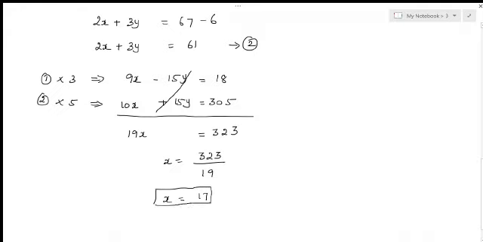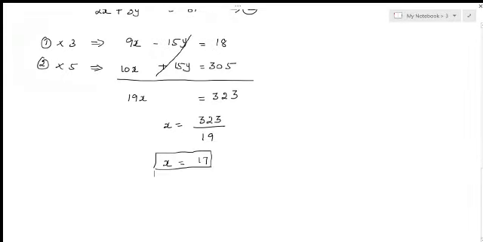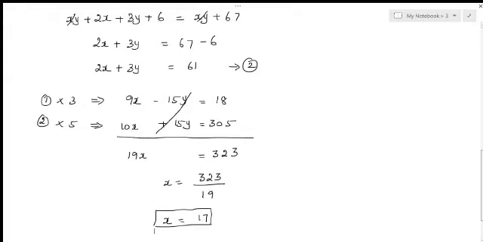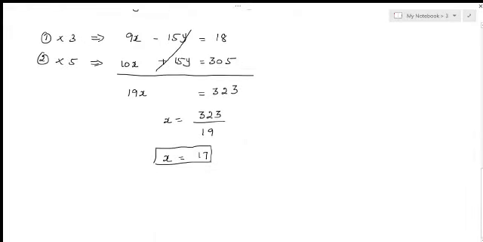Substitute x in one of the equations. Let me substitute x in the first equation. What's your first equation? 3x minus 5y equal to 6. Now substitute x equal to 17 in equation 1. So 3 into 17 minus 5y equal to 6.